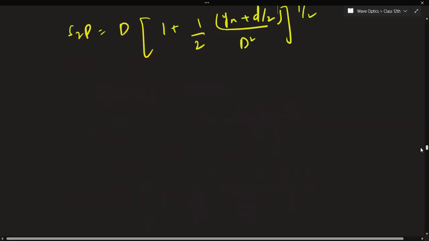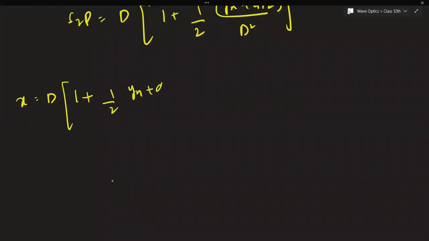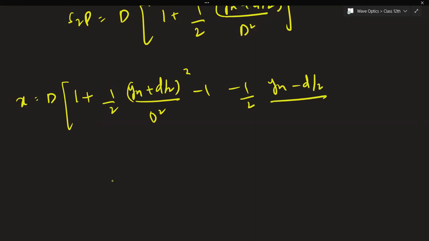S1P you have, S2P you have, so x will be S2P minus S1P. Take D out of the bracket: 1 plus half yn plus d by 2 whole square by D square, minus 1 minus half yn minus d by 2 whole square by D square.